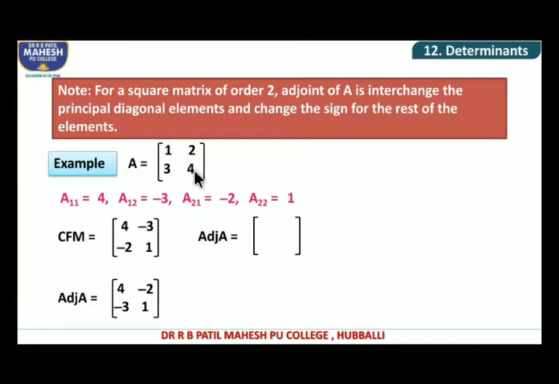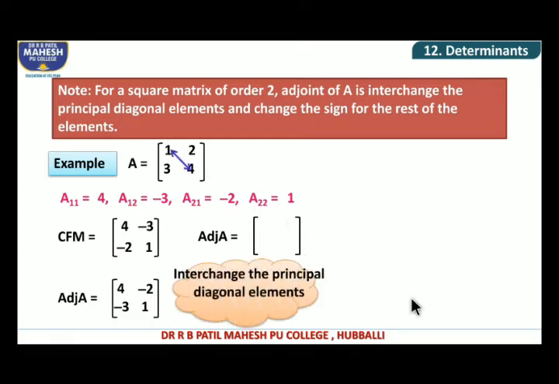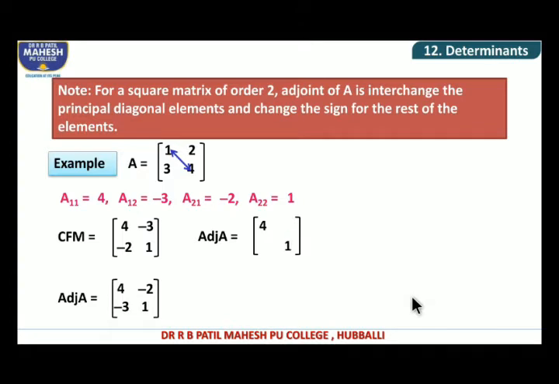So, 1 and 4 we have to interchange, so we will get 4 and 1 here. Next, change the sign for the rest of the elements, not all the elements. Rest of the elements means 2 and 3 here. Change the signs, means both are having the positive sign, so you have to take a minus sign.